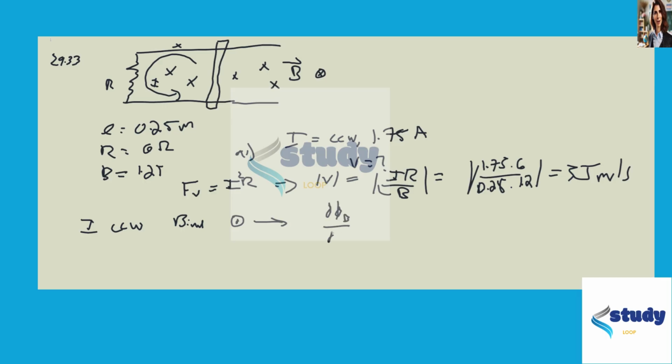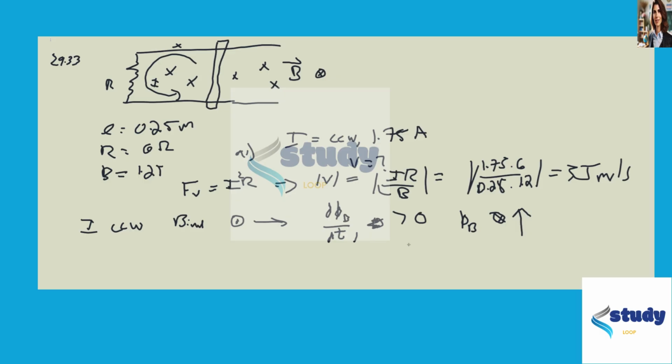The rate of change in magnetic flux is going to be greater than 0 because the magnetic flux is into the page, but the induced one is out of the page, so it must be into the page and increasing.